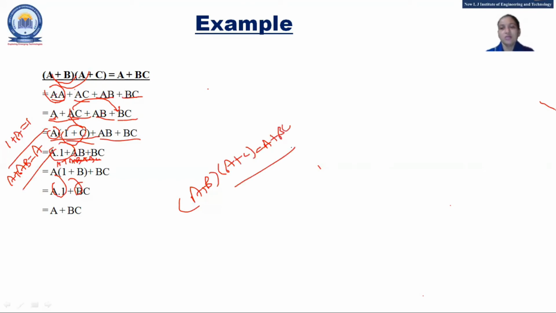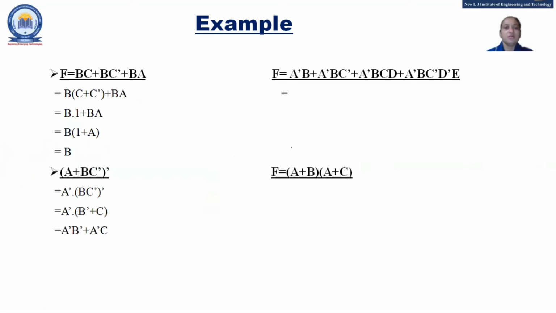So this is how, using all the basic theorems of Boolean algebra, we can solve any Boolean equation. Now, first, if we solve this, what is common?